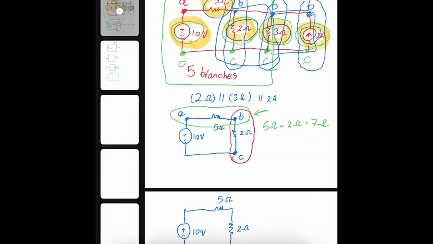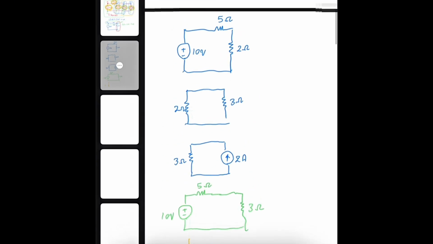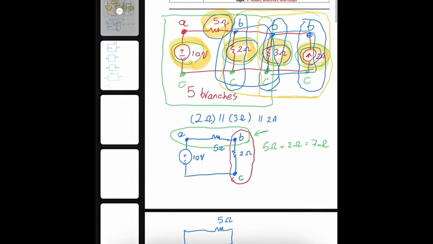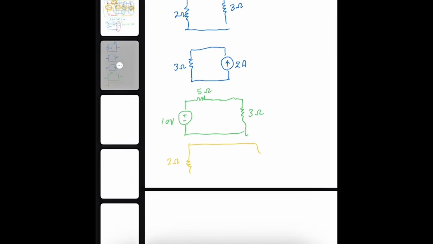Or I can have this yellow one as another closed loop, the two circuits over here. We can have these two maybe, 2 ohm connected to 2 ampere. This is another closed loop.